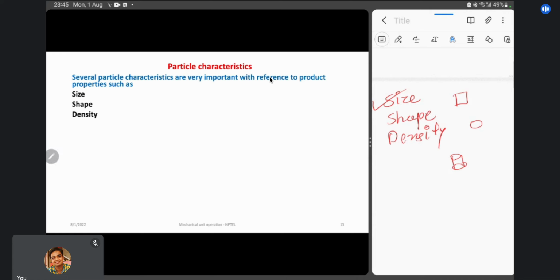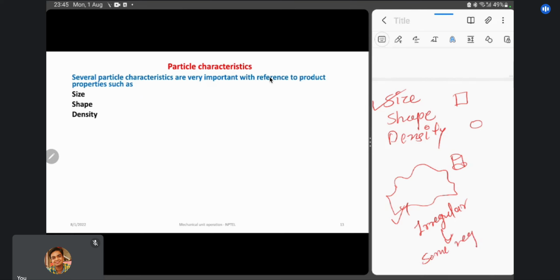Some particles are cylinders. Most of the time particles have an irregular shape, so we need to convert this irregular size into some measurable size, where we can get some diameter information or some volume and surface area information from it. From an irregular particle we can't do anything, so we need to convert this irregular particle into some regular shape.